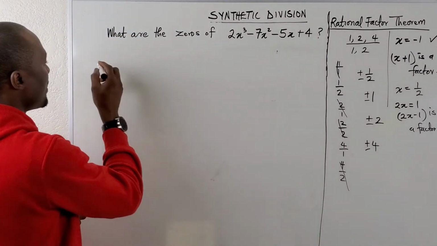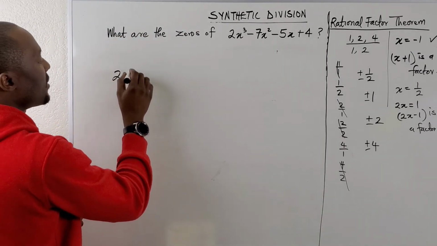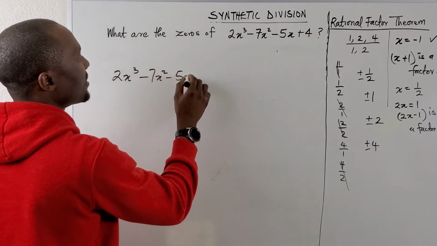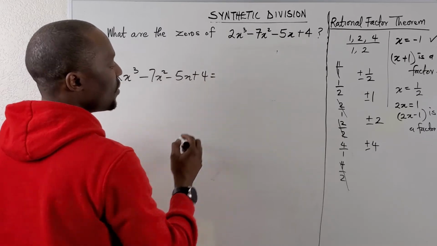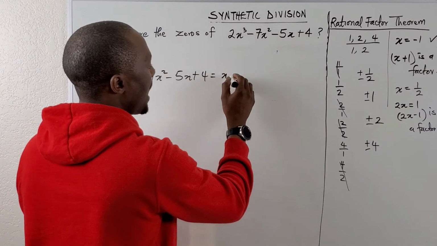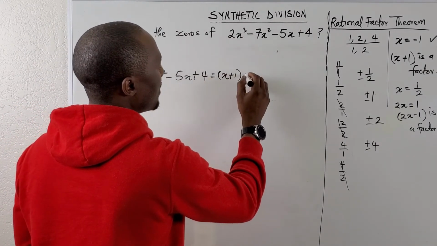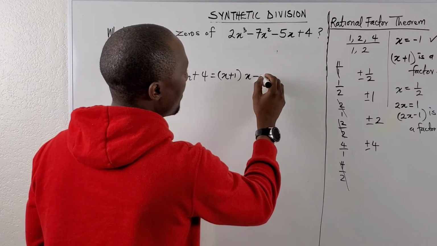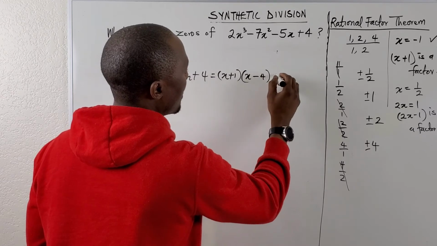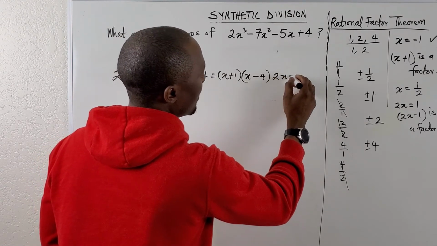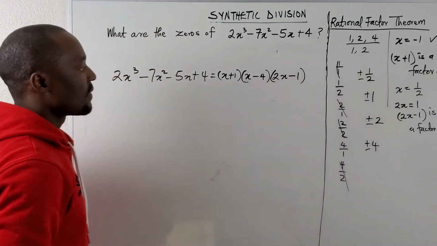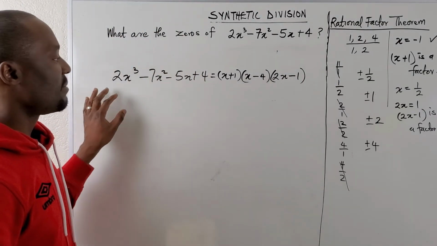So we have 2x cubed minus 7x squared minus 5x plus 4 will be equal to x plus 1, x minus 4, and 2x minus 1. That's it. That's the breakdown of this.